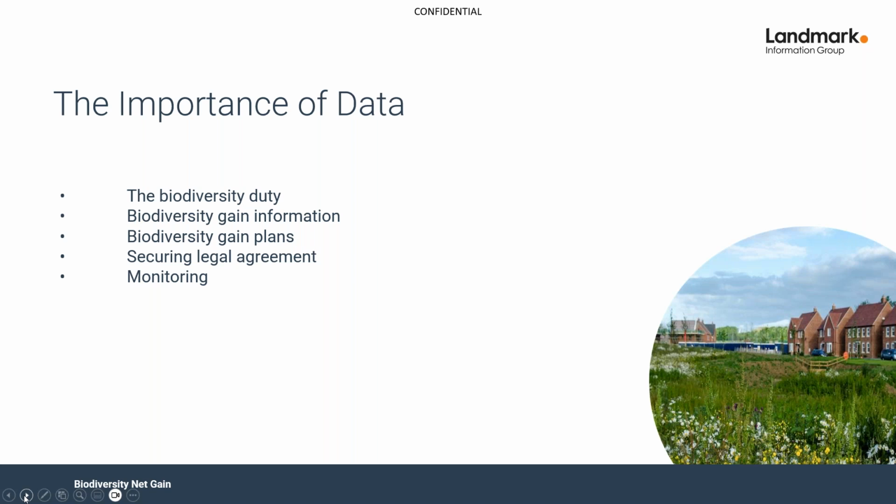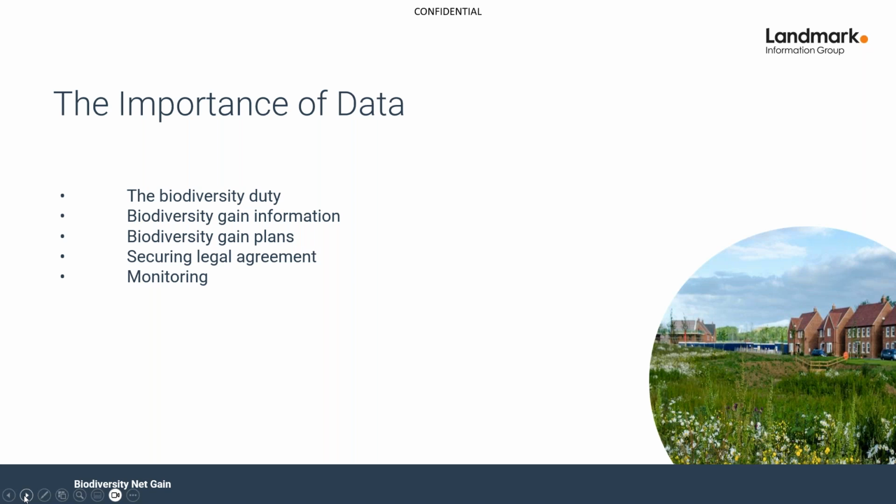And as I've said, pre-application, there's an awful lot of biodiversity gain information needed, checking on-site values, producing a plan that will accompany the planning application, or pointing to places where there's irreplaceable habitat in the development site, which will then trip into habitats regulations assessment.